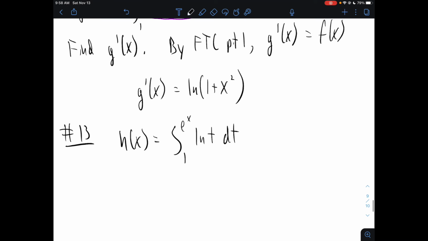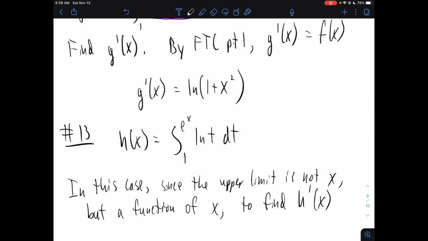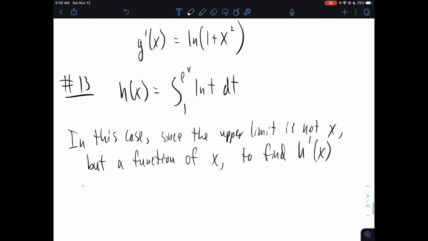In this case, since the upper limit is not just x, but a function of x, to find h prime of x, which is the directions, same thing as the previous problem, we need the chain rule.